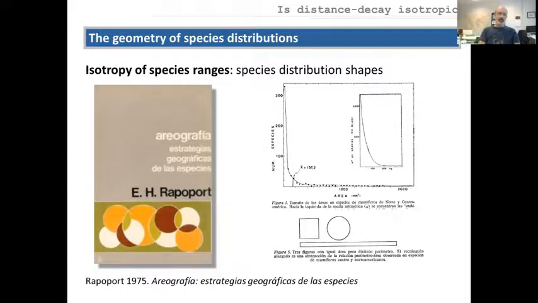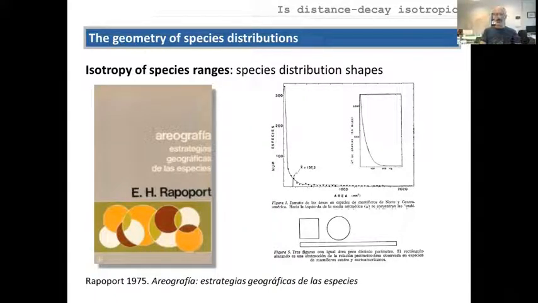In biogeography, isotropy has been studied on very few occasions. I want to cite here this wonderful book about species distributions by Eduardo Rapoport.